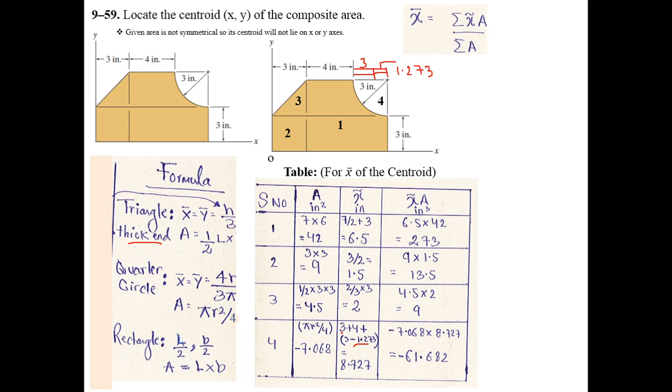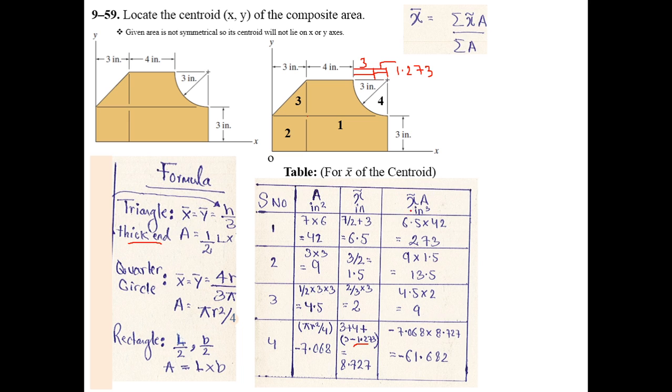So we are adding 4 and 3. So this is 8.727 measured from the origin. The centroid of this quarter circle measured from the origin is 8.727.